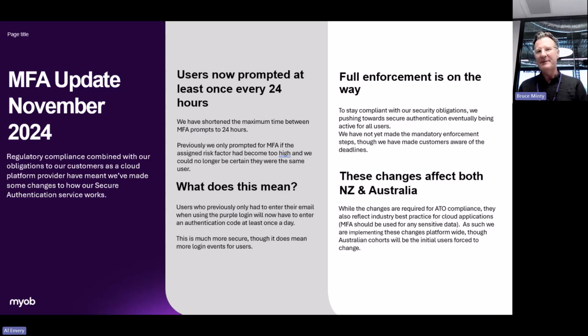The Taxation Office we've been engaging with for a period of time now, and they've been assisting us in providing clarity on that framework, and also the individual components over and above multi-factor authentication, which are a 24-hour Remember Me feature.